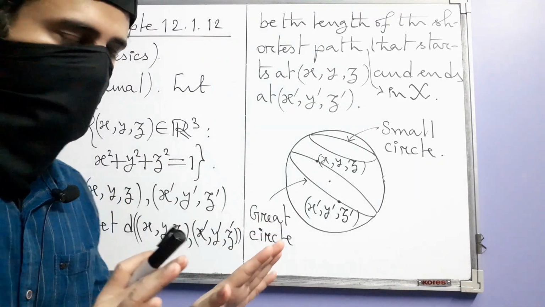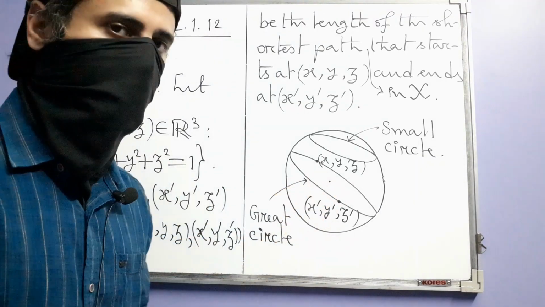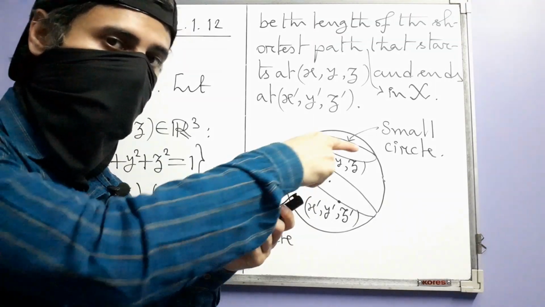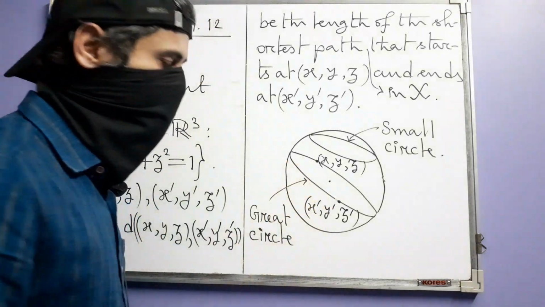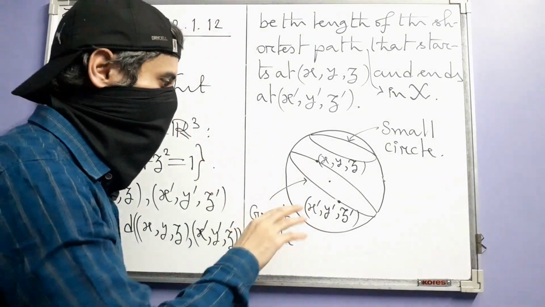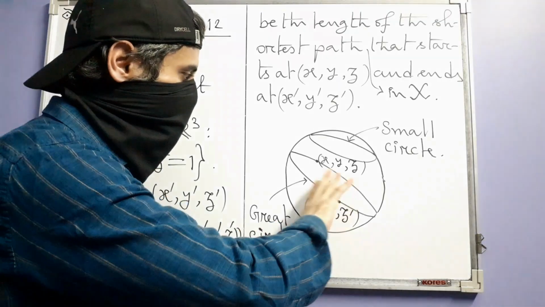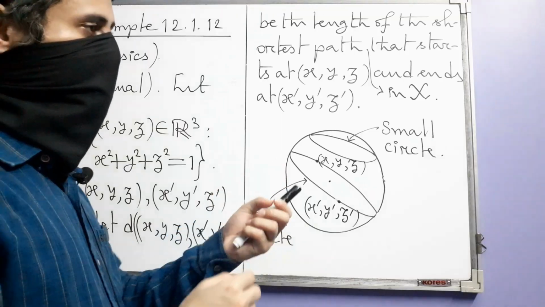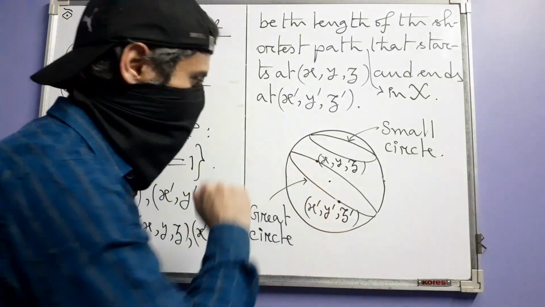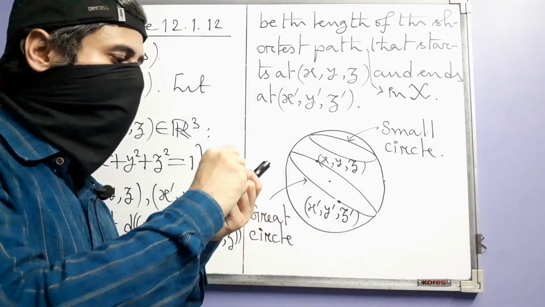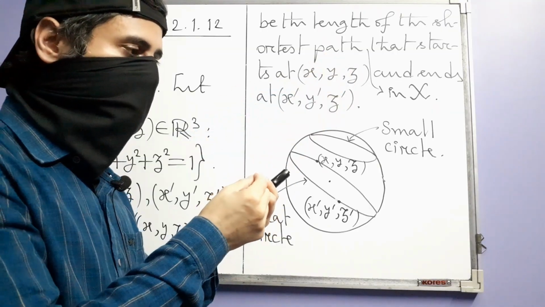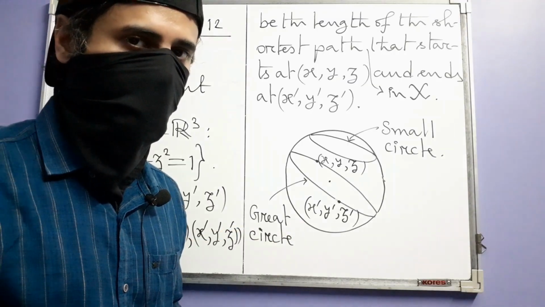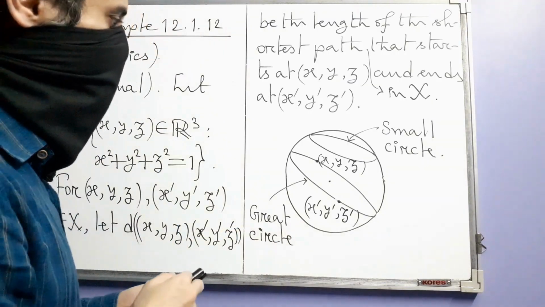Not just any path. If we are allowed to choose any path, obviously that length will be the length of the straight line segment in 3D joining these two points. Not that. Those paths that are trapped on the surface itself. There may be many paths like this. It's like choosing two locations on earth and going from one location to another, say by flight, on an airplane.